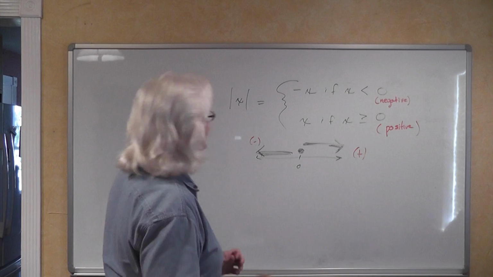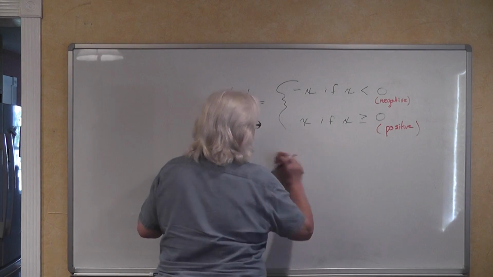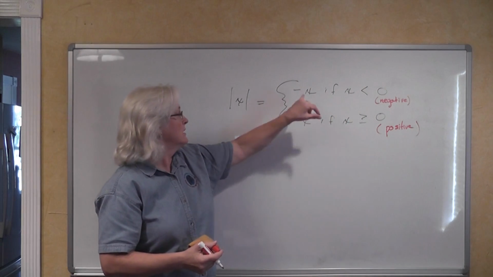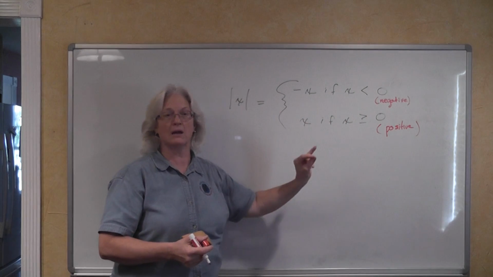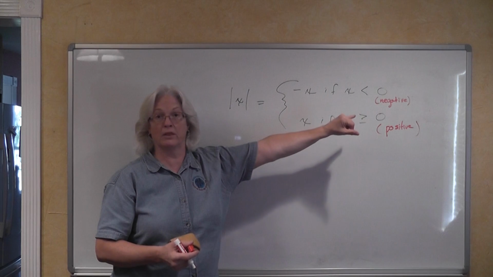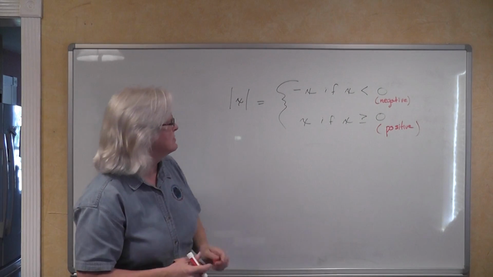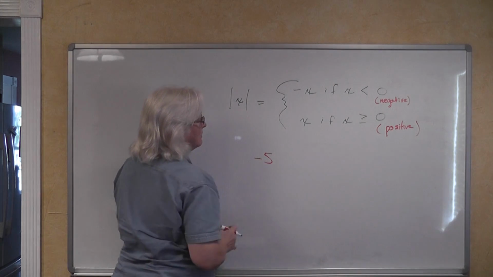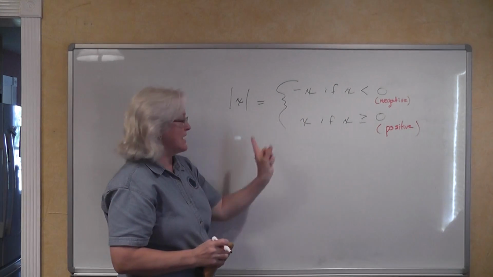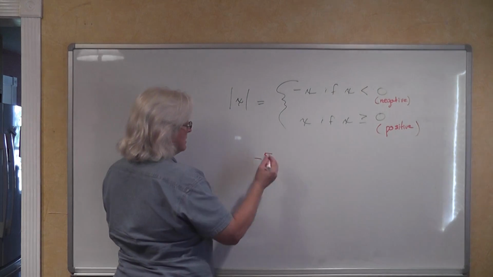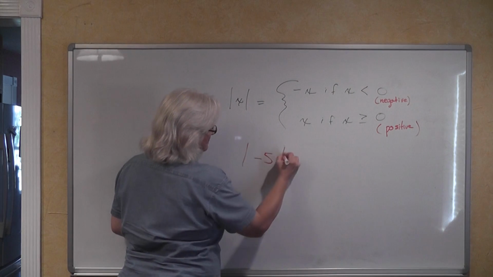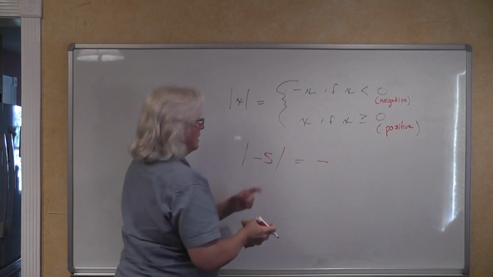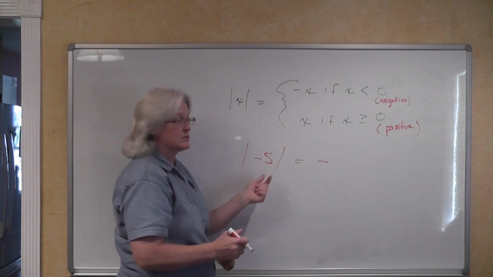So let's look at this now that we know exactly what they're talking about, that all of this algebra language just means we've got two separate answers possible if we're dealing with a negative number or a positive number. So let's say x is a negative 5. What does this tell us the absolute value of x is going to be? Well, it says that the absolute value of x is going to be the opposite of what we have inside the parentheses.